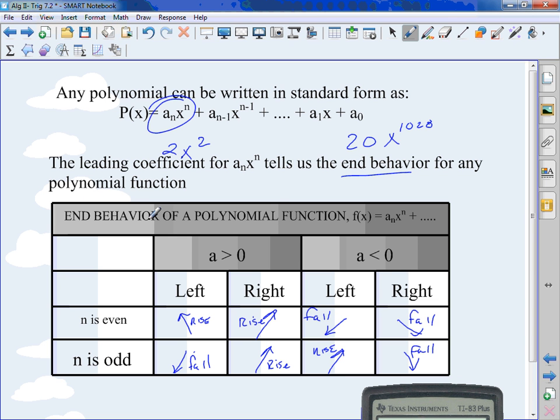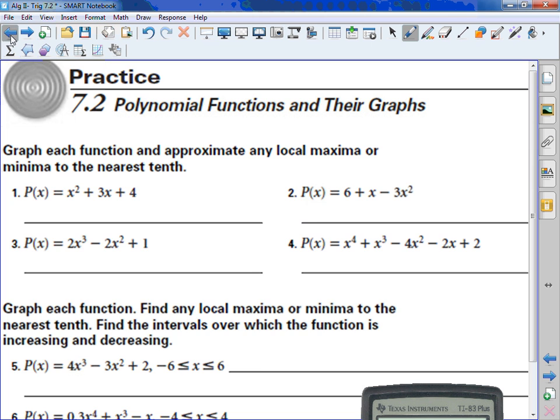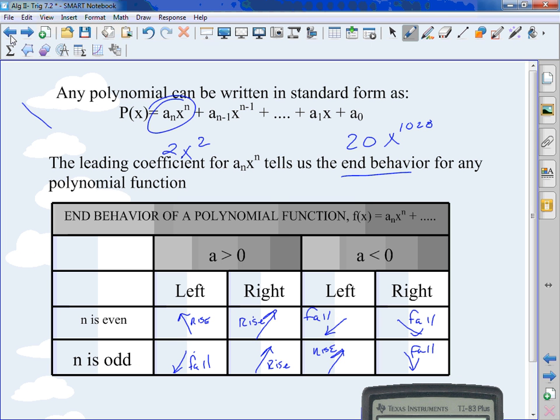The leading coefficient tells me the end behavior. Questions? This is just the general polynomial function.